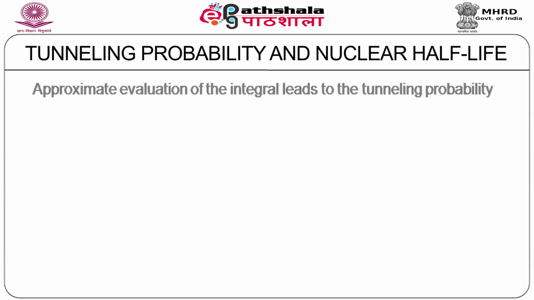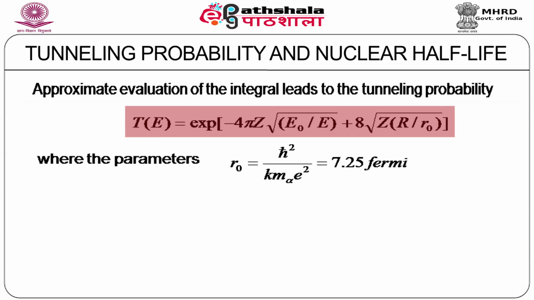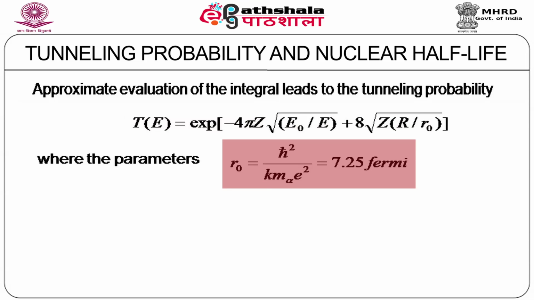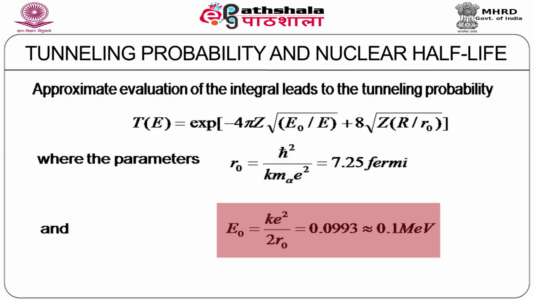So an approximate evaluation of the integral leads to the tunneling probability, which is T equal to exponential of minus 4 pi Z root of E0 by E, plus 8 root of Z times capital R divided by R0, where the parameters R0 and E0 are the two parameters which are entering here. So the values of these parameters can be estimated. So R0 is 7.25 Fermi, and E0 is estimated to be about 0.1 million electron volts.